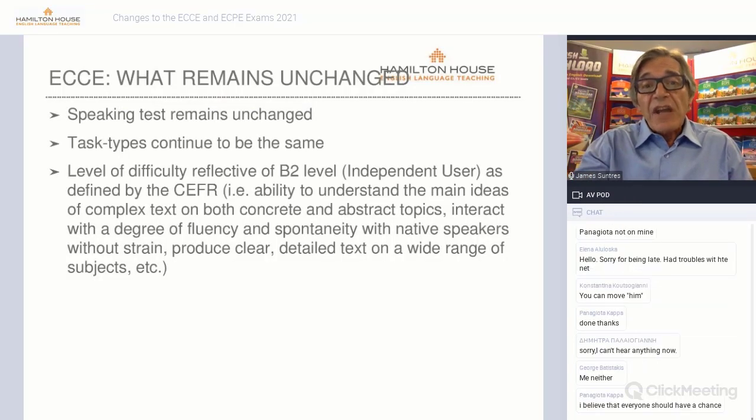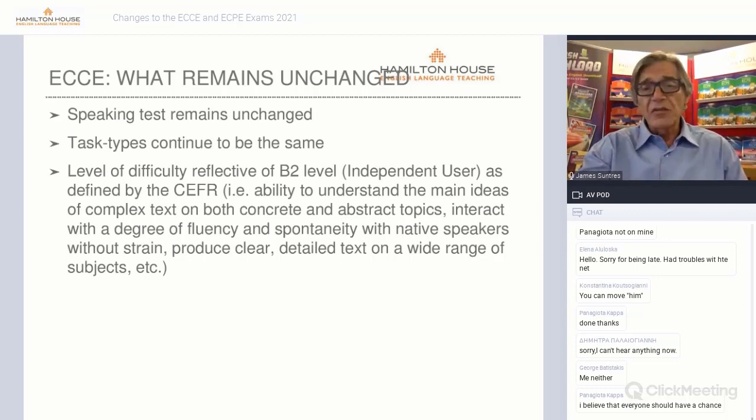What remains unchanged? The speaking test remains unchanged. The task types continue to be the same throughout the examination. And the level of difficulty is reflective of B2 level, independent user, brief description here.